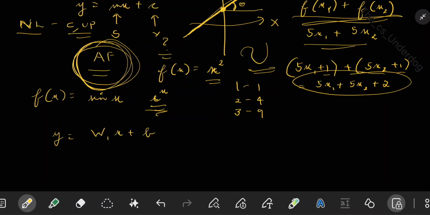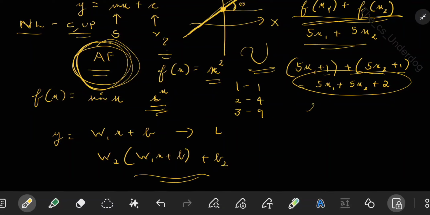Something like this, let us say, is your equation. If you have something like w2 into w1x plus b plus b2, is this linear or non-linear? This is straightforward linear.